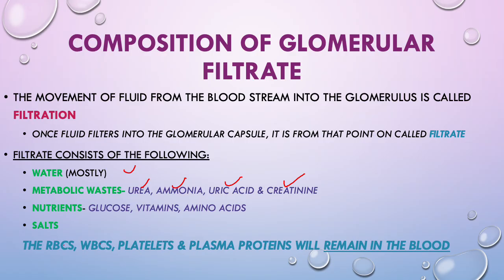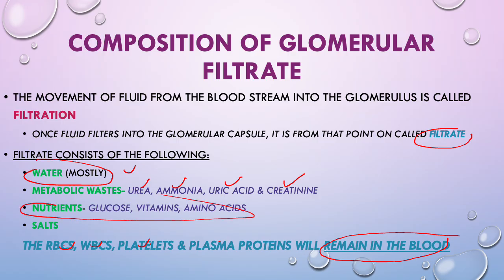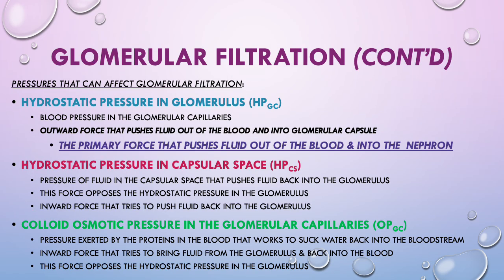Red cells, white cells, platelets, and plasma should always remain in the blood because the fenestrations in those capillaries are too tiny to let these guys into the filtrate. If there's damage, then that is when we start to see these guys, okay? A lot of these might be reabsorbed, okay? Some will not, okay?